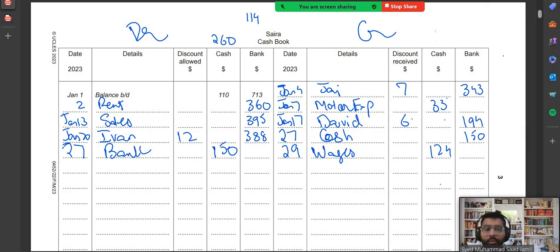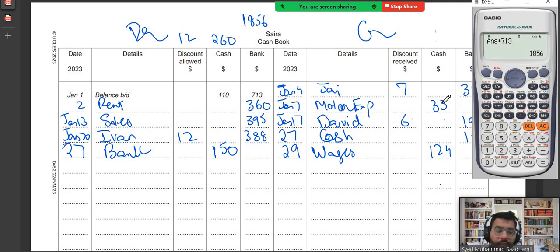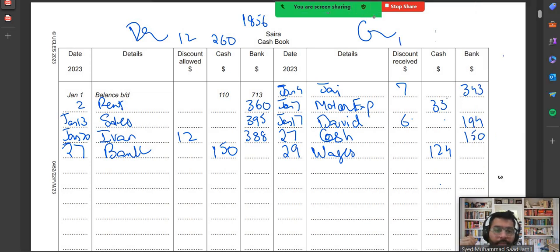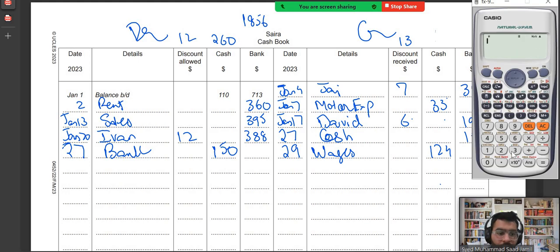Okay, 1856. I didn't see 713. Now, and of course, discount allowed total was 12. Now let's come over here. 7 plus 6, 13. Okay, my math is not that bad. Then we have 33 plus 124, it's 157, okay.